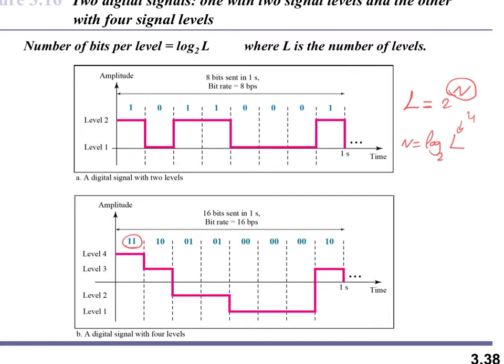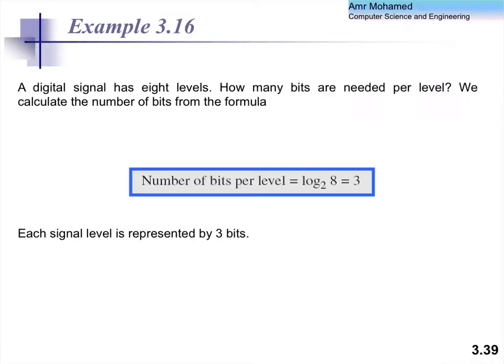So these 2 factors allow us to estimate the actual bit rate of this digital signal. This part is the duration where the voltage is allowed to be fixed in the digital signal, and the number of levels.